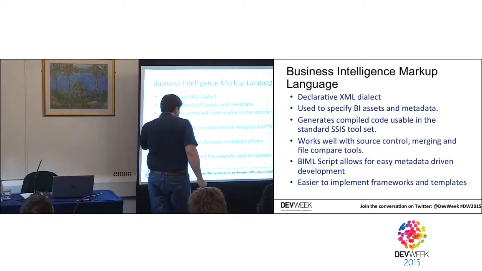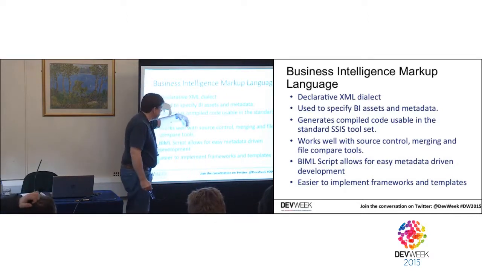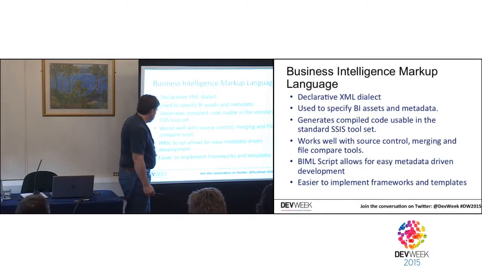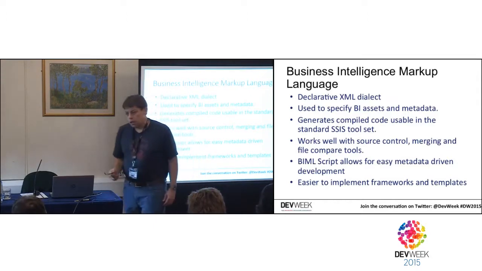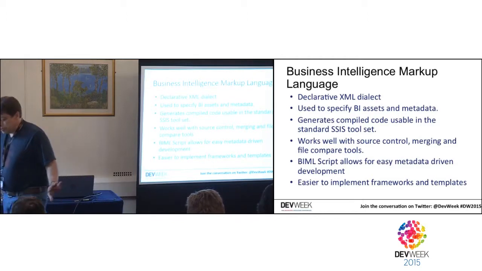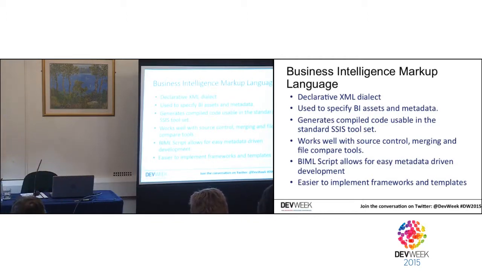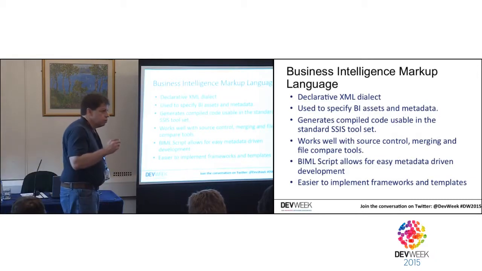So we can use this to specify the BI assets that we're using and the metadata. What happens is it actually generates compiled code, and it's usable in the standard SSIS toolset. So when I make a change and say, okay, instead of going to the customer table, go to the products table, I don't have to update the metadata.